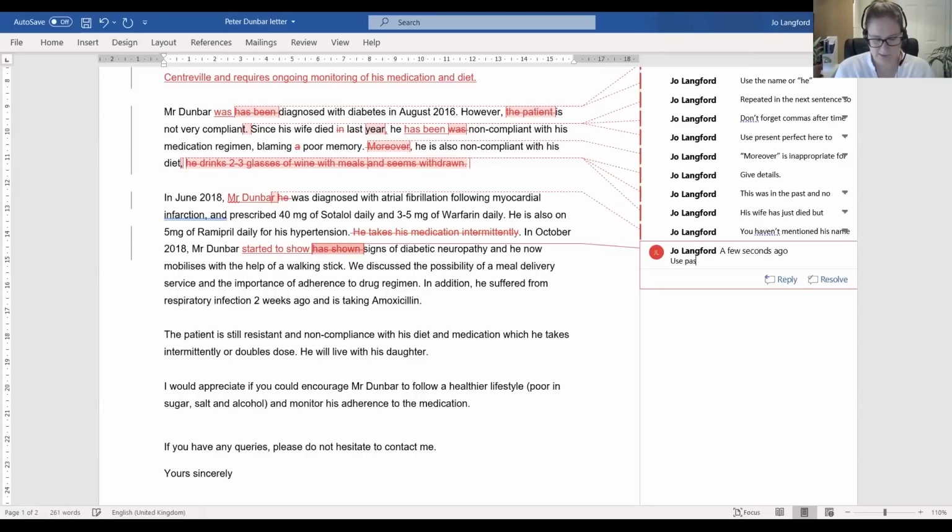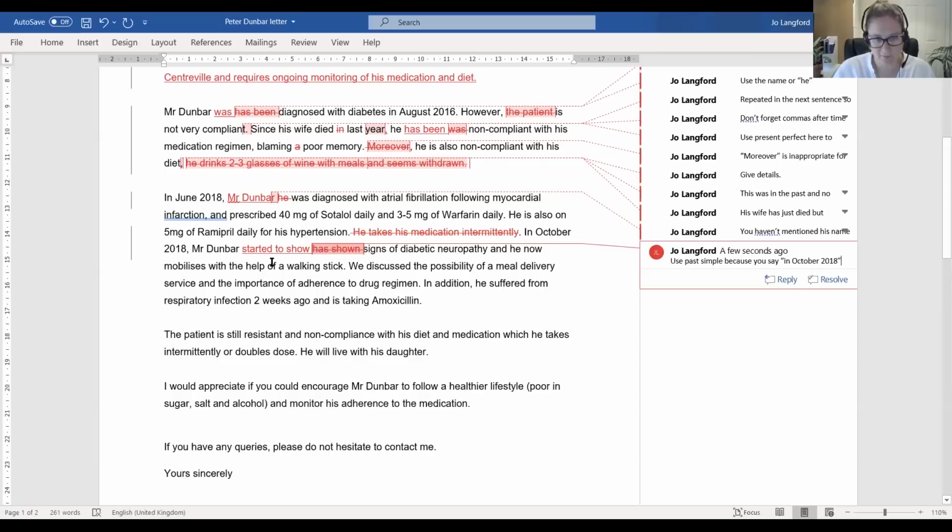Use past simple because it started in October 2018. Okay, yeah, that's great. That gives clarity.